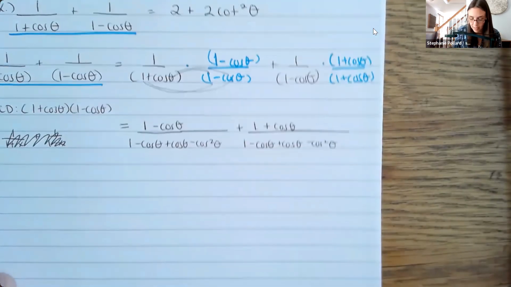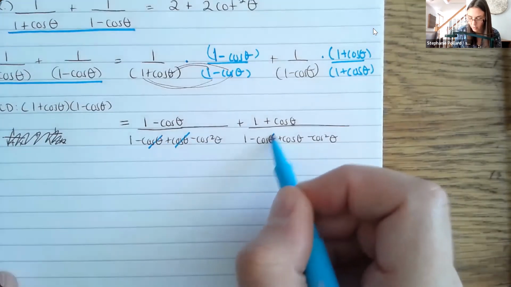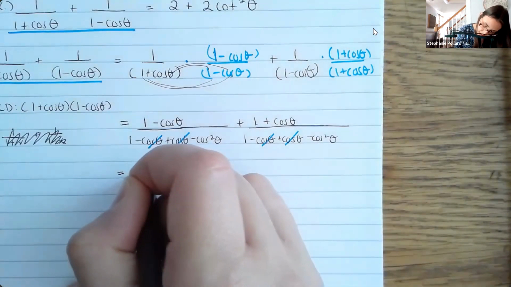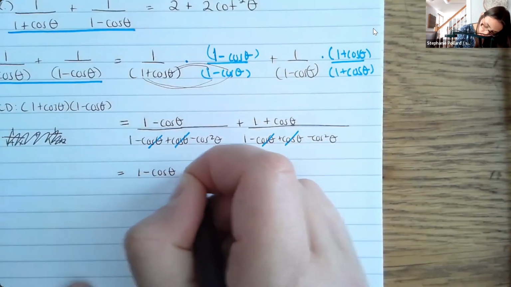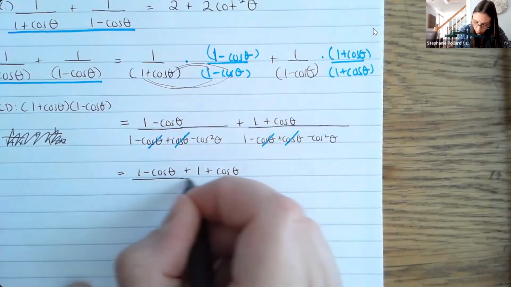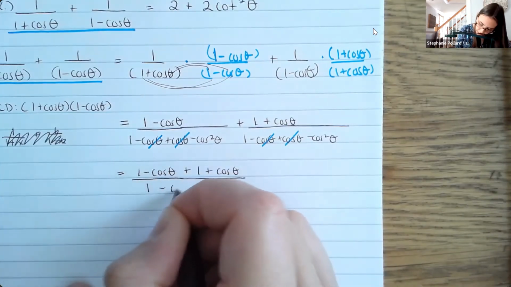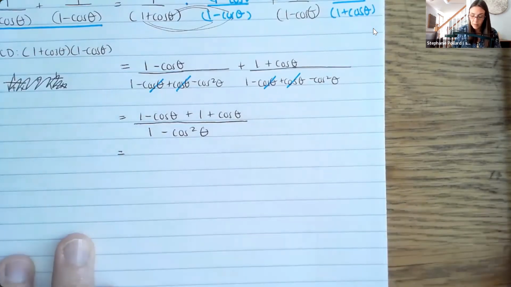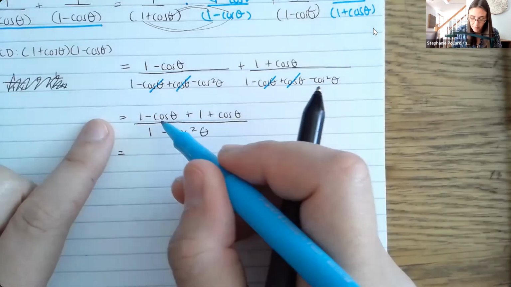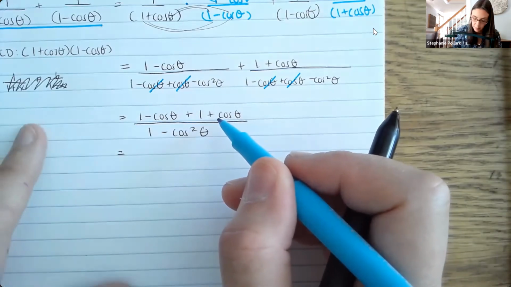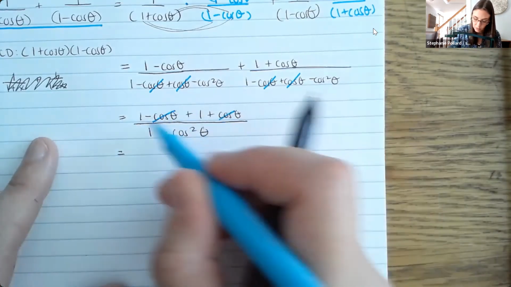Hopefully you're also noticing that that minus and plus cosine theta are going to cancel in each case. So you have 1 minus cosine theta plus 1 plus cosine theta, and that's all over 1 minus cosine squared theta. Now here I have a minus and a plus cosine that are going to cancel out, and 1 plus 1 is 2.